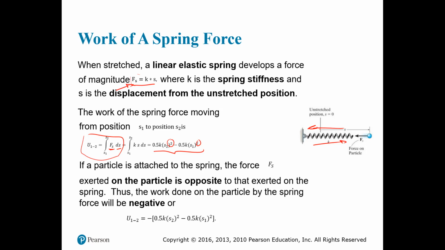Or if you want to see it that way, if the spring is helping the particle to move along S, then that work will be positive because it's helping. But if the spring is preventing the particle from moving, then that work will be negative. Basically, it's the same definition that we had at the beginning, just applied to a spring. If it's helping the movement, then it's positive. If not, then it's negative.